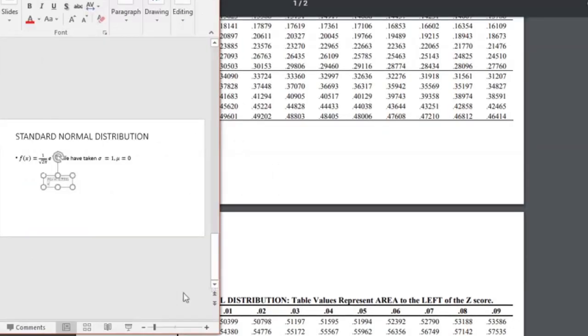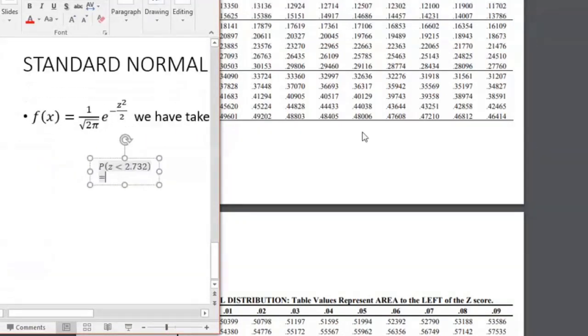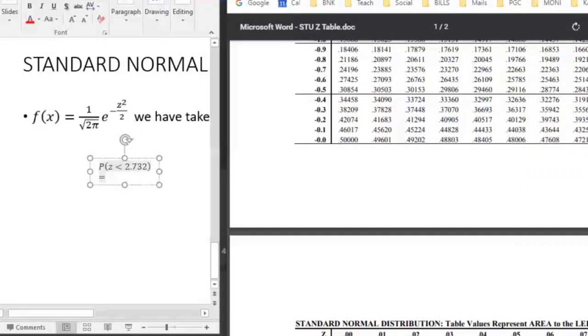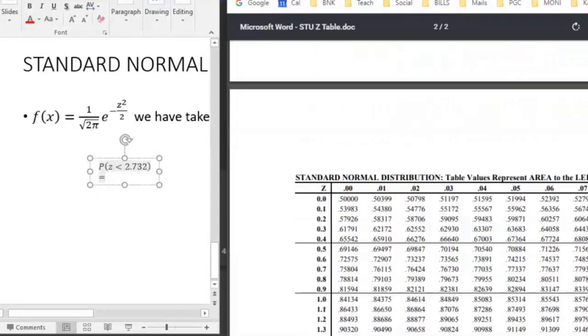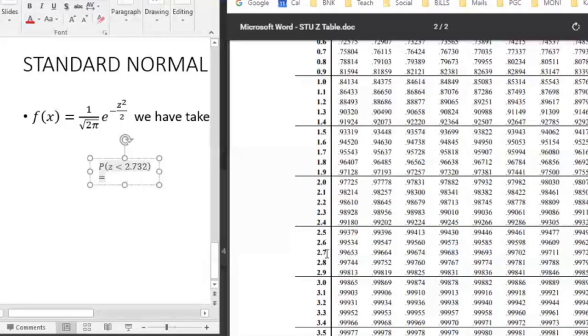Come to the table, to the second page. Look at 2.7, the first two numbers, in the left margin. Then 3, 2. Don't worry about this 2, just take the 3 from the top margin.